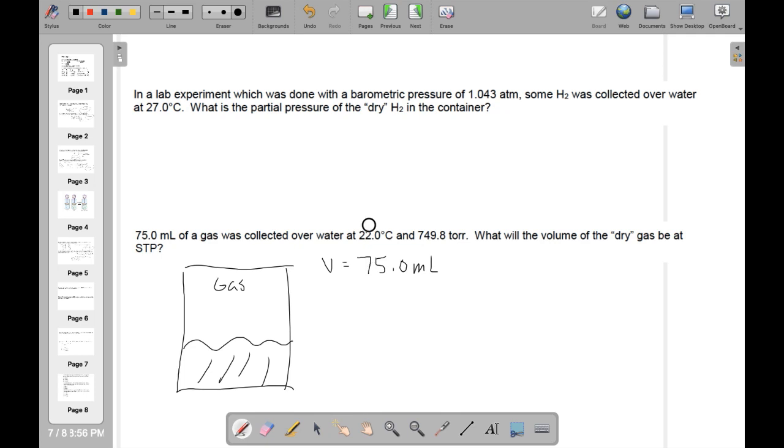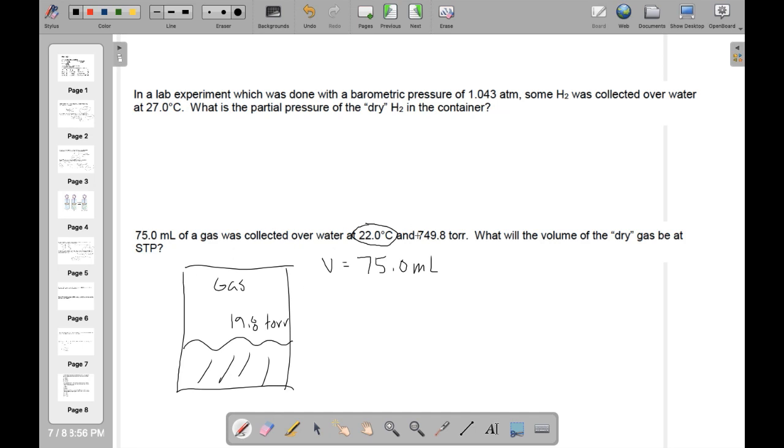Yet again, I have to take 22 degrees Celsius and look up the vapor pressure of water at 22 degrees Celsius. And if I look that up, I'm going to find 19.8 torr. Okay? All right, but I'm going to need to convert this 19.8 torr into something useful.